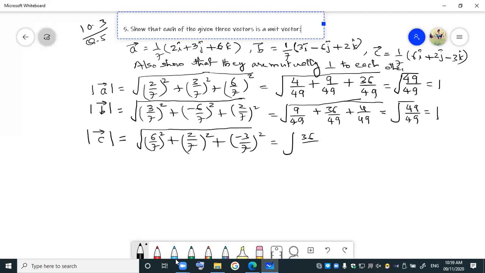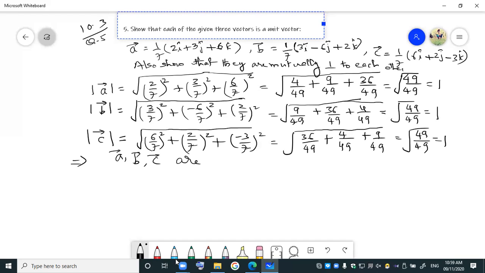Again 36 by 49 plus 4 by 49 plus 9 by 49, so 49 by 49 is equal to 1. So this proves that A, B, C are unit vectors.